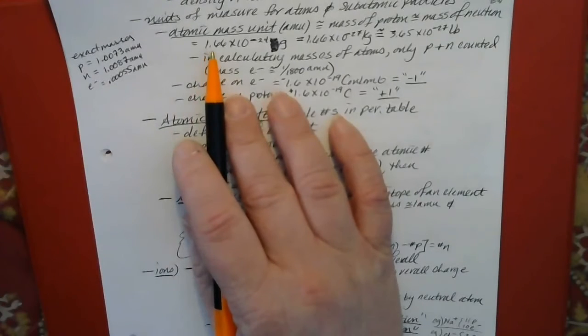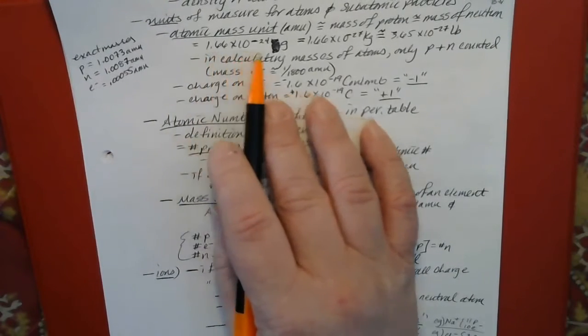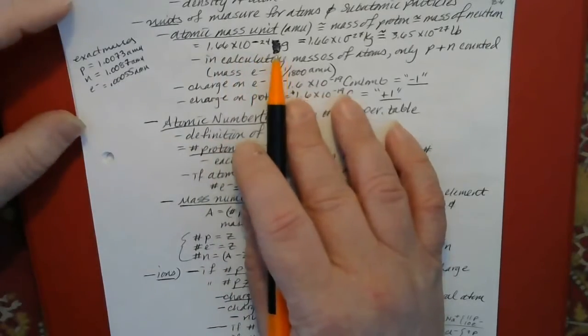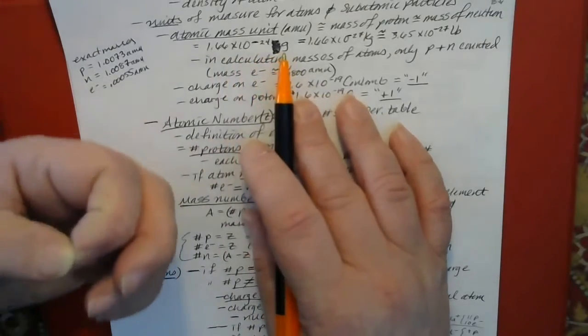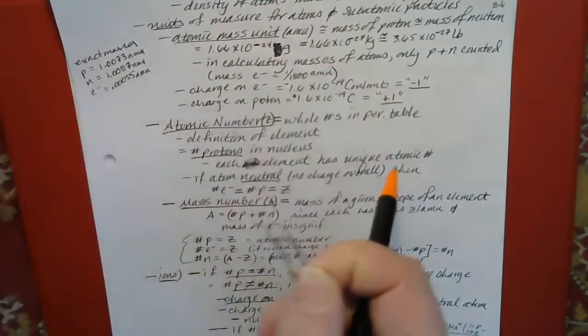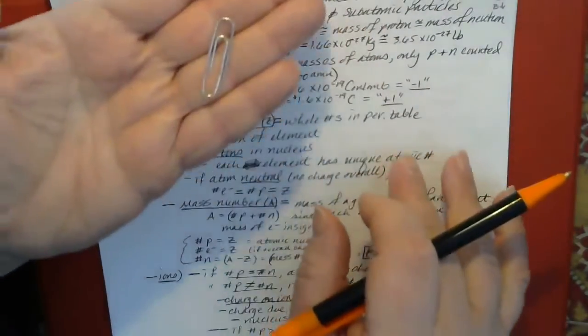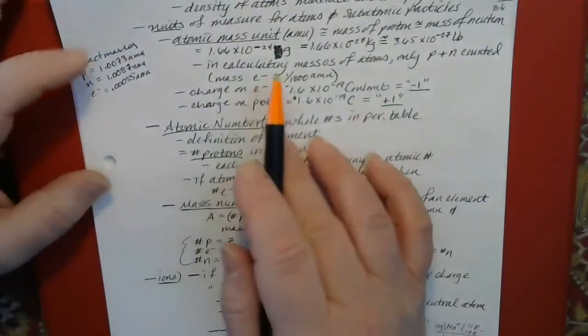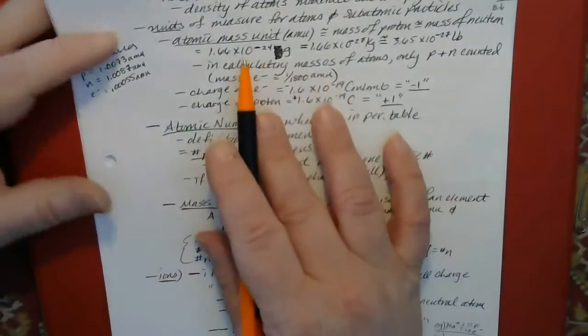And an atomic mass unit in terms of more conventional units would be 1.66 times 10 to the minus 24 grams. And remember, a gram is about the mass of a standard size paper clip like that. That's about a gram, not including the dust bunny attached to it. And so think of 10 to the minus 24 part of that.